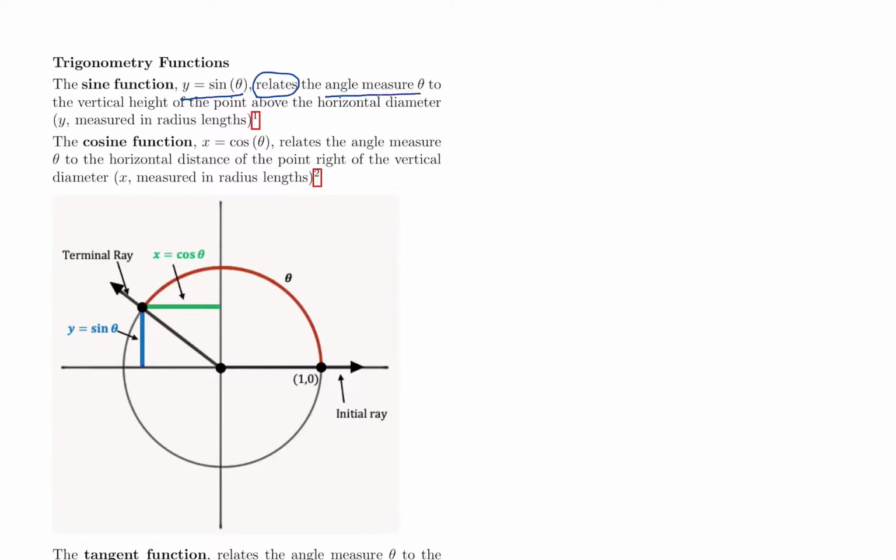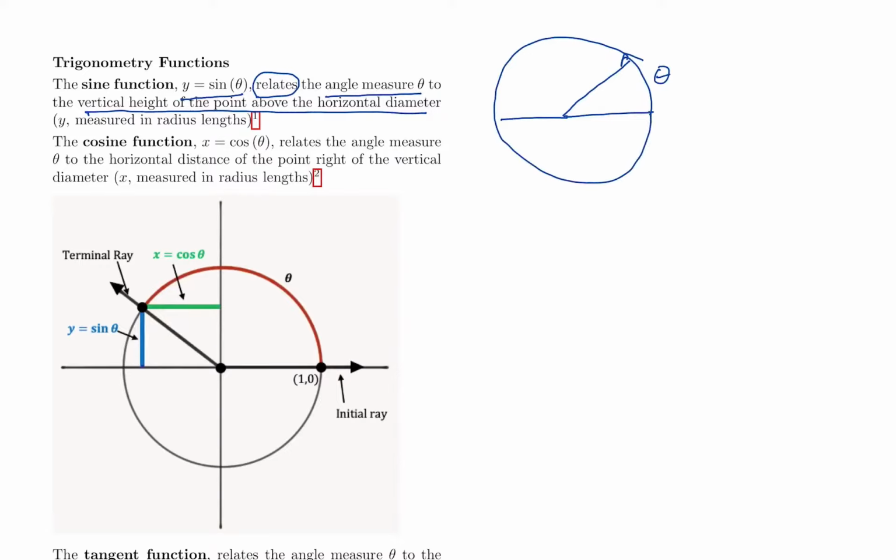Angle measure theta to vertical height of the point above the horizontal diameter measured in radius length. Measured in radius length just means we divide by the radius length. So let's say we have this angle right here, theta. Then essentially we have a circle like this.